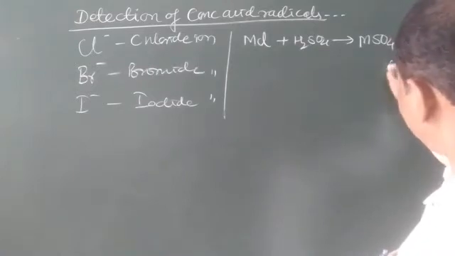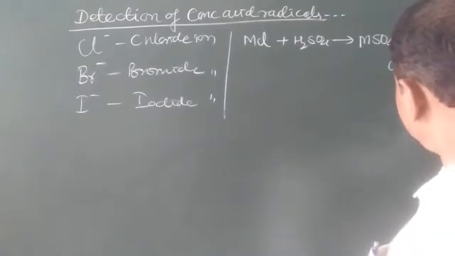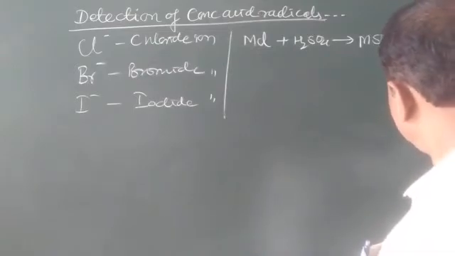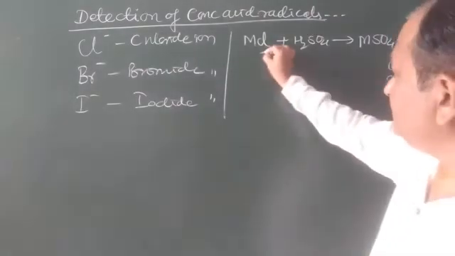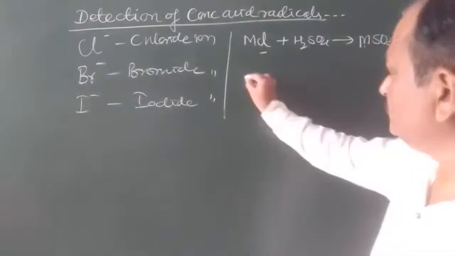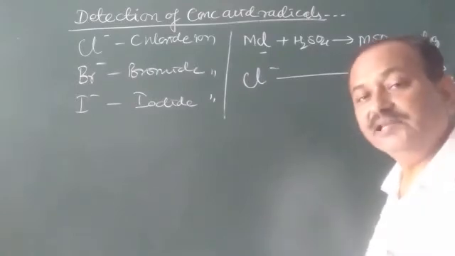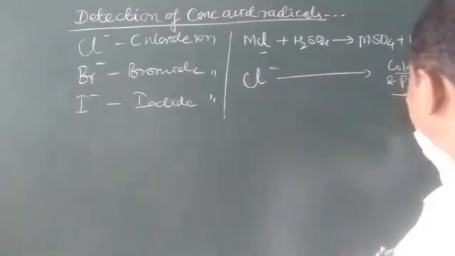And this HCl gas is colorless and pungent. So keep in mind that chlorides are identified by colorless and pungent gases.